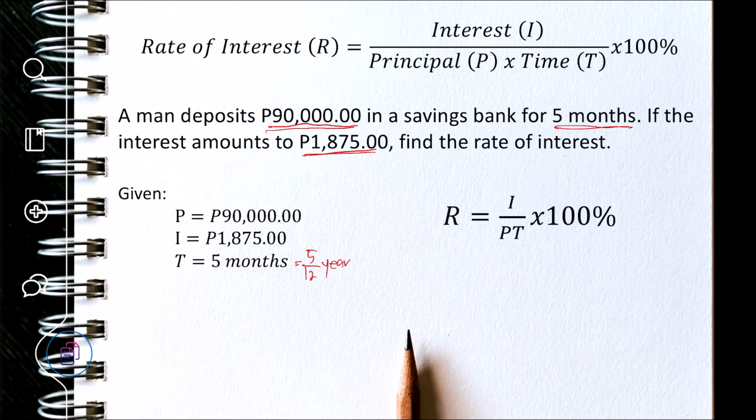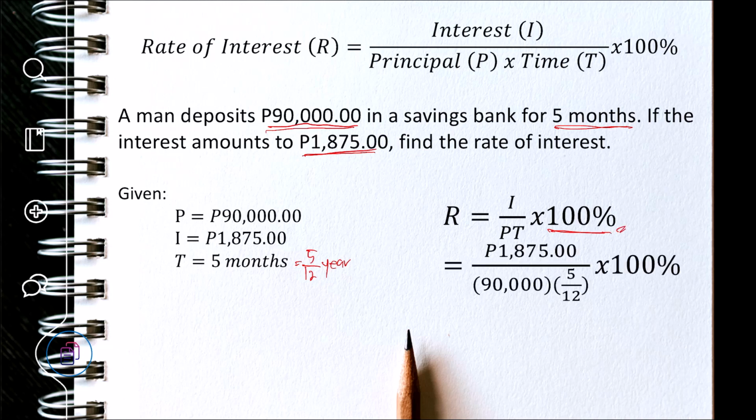Ayan po. The formula again, R is equal to I over PT times 100%. Pagka-rate po ang hinahanap natin, huwag niyo pong kakalimutan yung 100%. Okay. That is the interest 1,875 over 90,000 times 5 over 12, then times 100%.